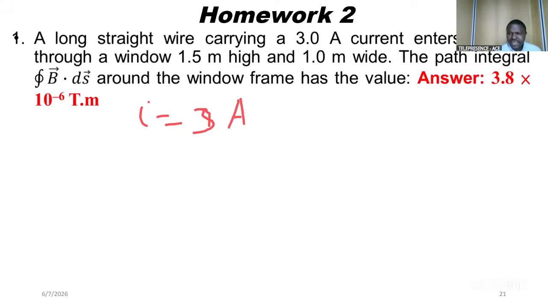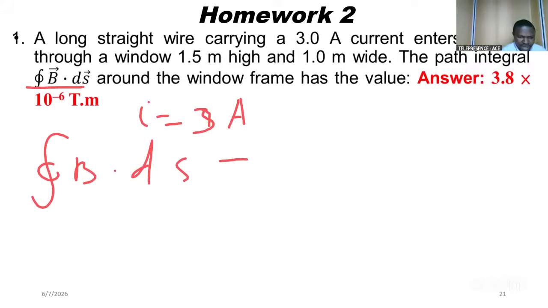The path integral around the window frame is what we were to determine, the integral of B dot ds. But mind you, remember it is equal to mu I.